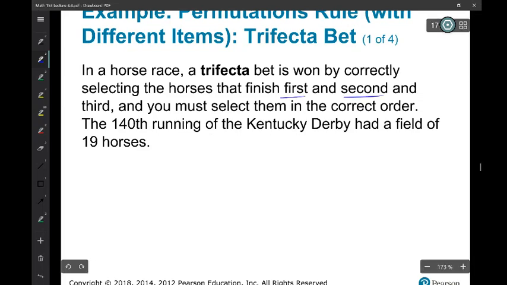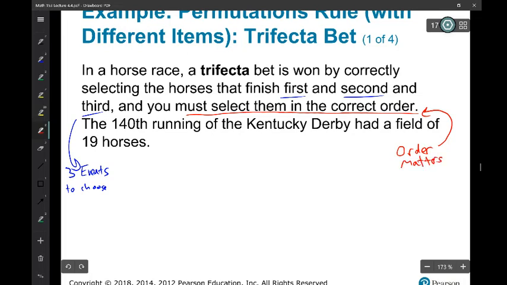So first, second, and third, that implies 3 events to choose. And you must select them in the correct order. That means order matters, so we need permutations.